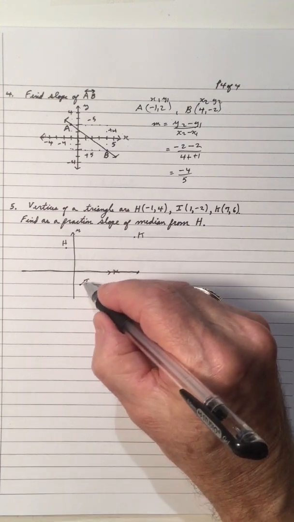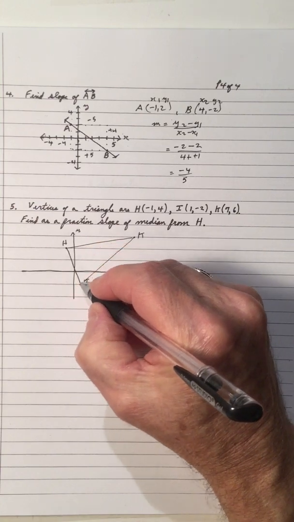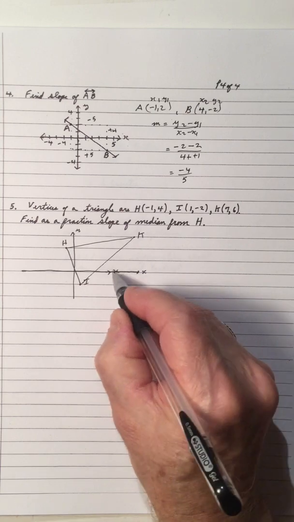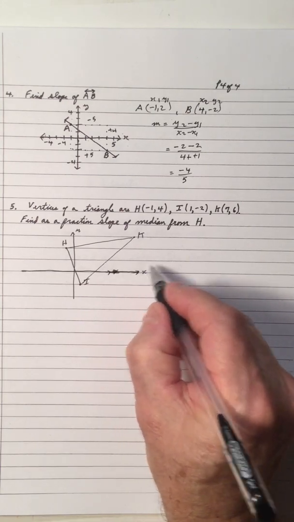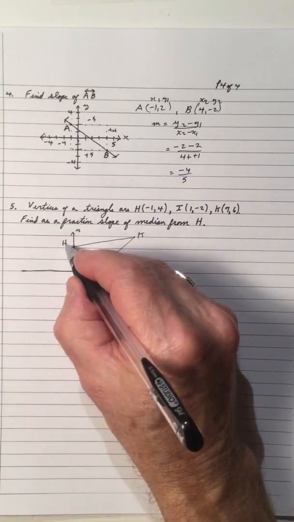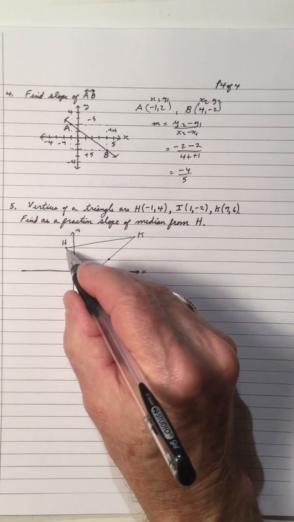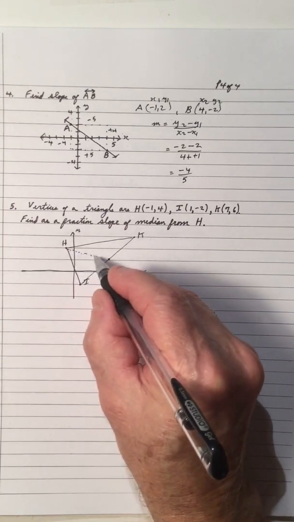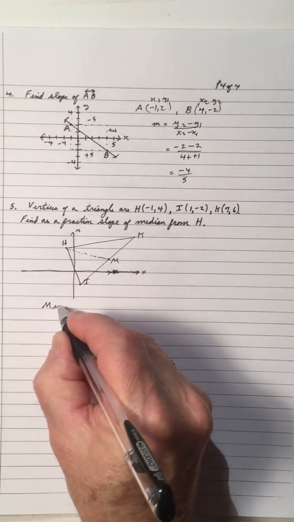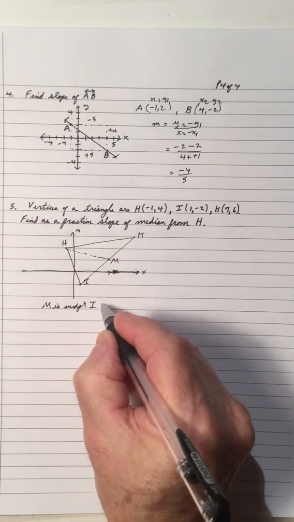So if you roughly draw a sketch of it, I'm just drawing the sketch now to show you. These are the vertices of the triangle. This is the x-axis, I did it too short. Here it is. As a fraction, find the slope of the median from H. So if we leave H, the median goes to the midpoint of the opposite side. So the median goes from H to M. M is the midpoint of IK.